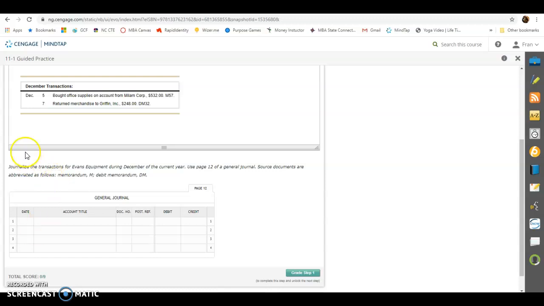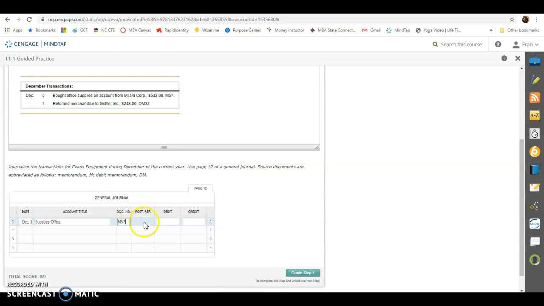All right, so for chapter 11-1, we've got two simple transactions. The first one is on December 5th. Bought office supplies on account. This is not going to go in the purchases journal because it's just office supplies. So, supplies dash office.